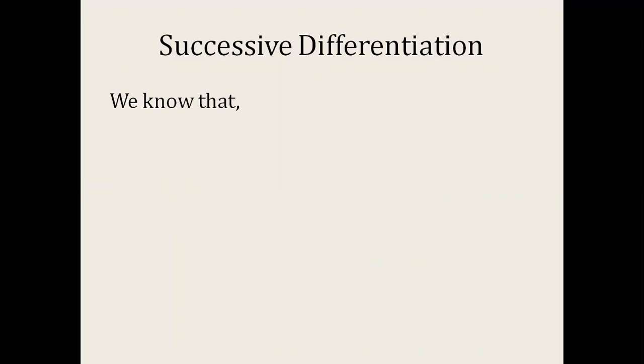Dear friends, we know that these are the prerequisites of differentiation we have already seen in the previous class. We have one type of function in this differentiation, y is equal to f of x. In this function we have two variables, y as well as x.